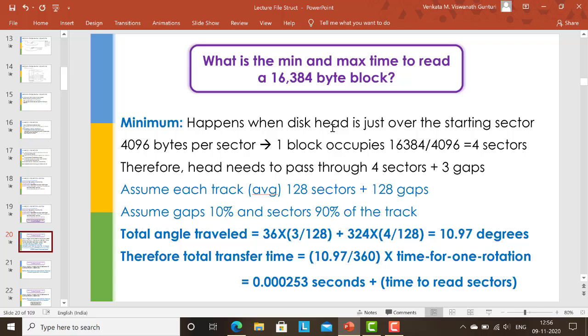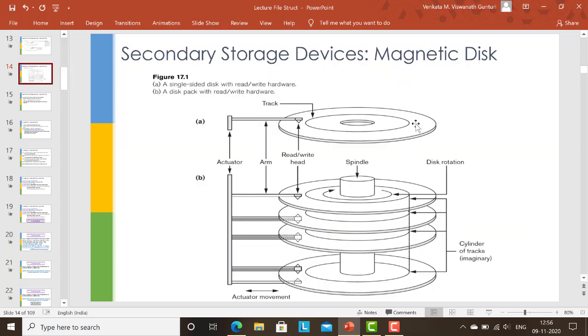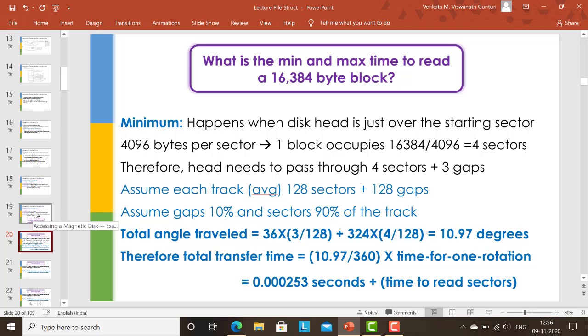And there is one more case. The second one is that when the spindle had to move to put the first sector of your disk block under the read write head, let's say you were so lucky that even the rotational latency was not required. So in the best case, you have no seek time and no rotational latency.